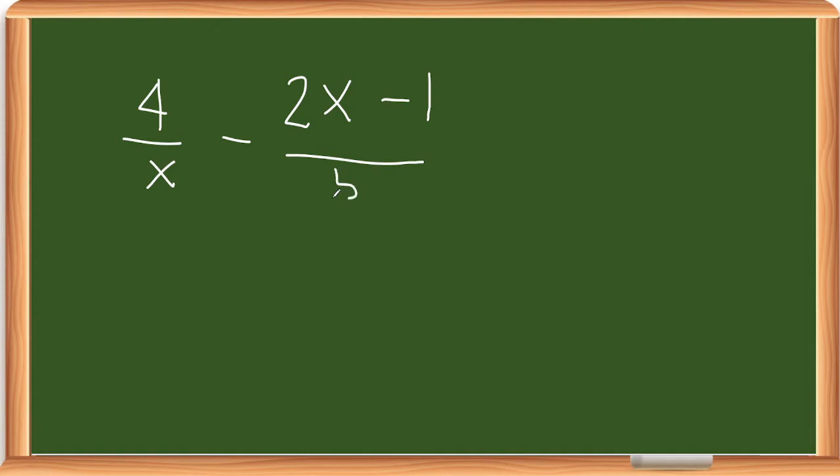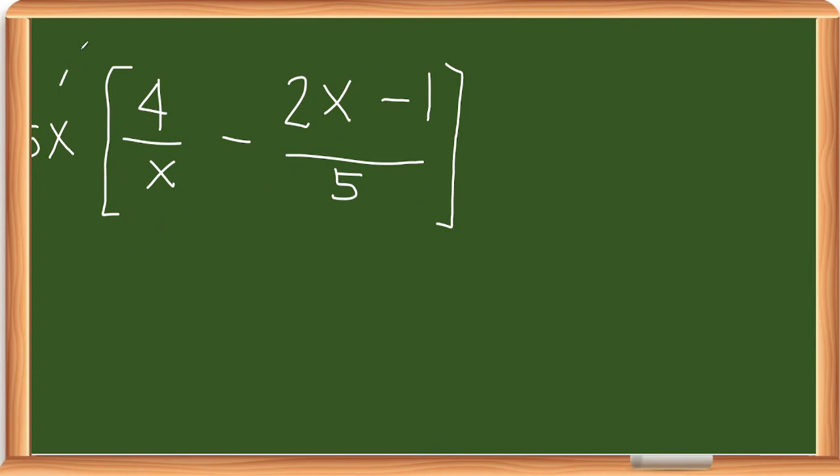So, we have 4 over x minus (2x minus 1) over 5. What is the denominator here? It's still x and 5, right? So we have to multiply by 5 times x, to each of these.